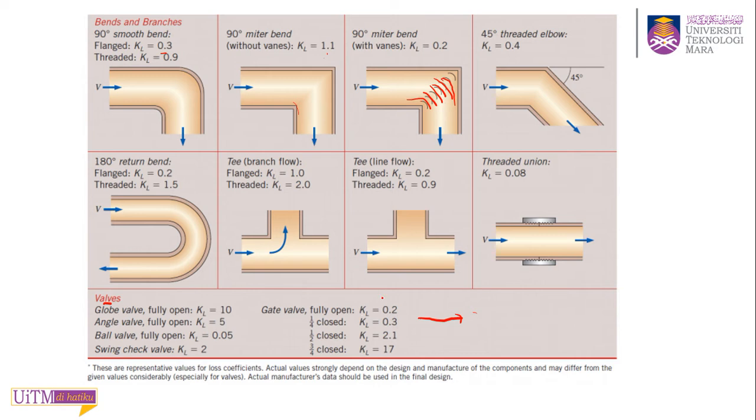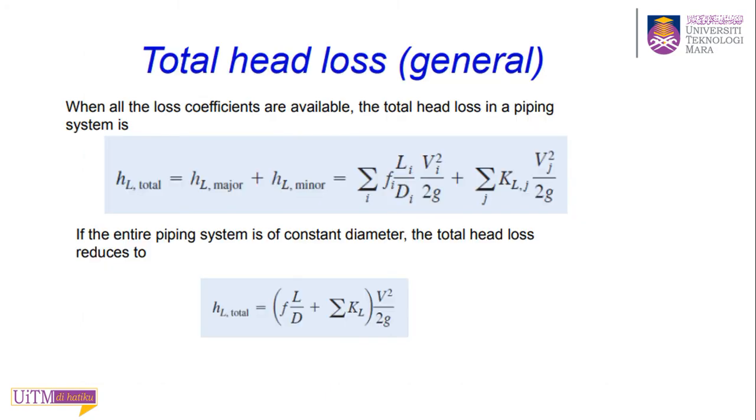So you will have a higher loss coefficient. And if you close three quarters, meaning much more is closed and flow cannot pass, you create much more losses. Okay, that's why your loss coefficient is higher. Okay, that's the valve loss coefficient.